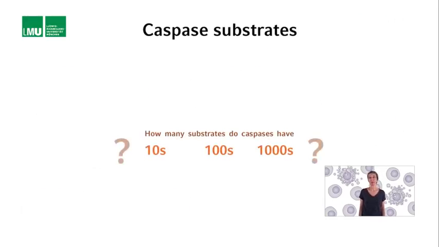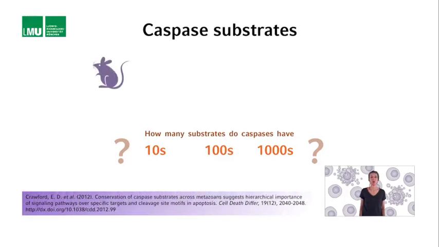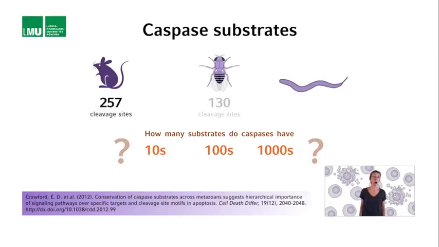How many caspase substrates are there? A recent study from the Wells lab using the positive enrichment technology and mass spectrometry resulted in the identification of 257 cleavage sites in mouse, 130 cleavage sites in the fruit fly Drosophila melanogaster, and 50 cleavage sites in C. elegans.